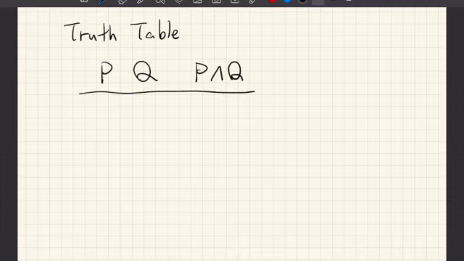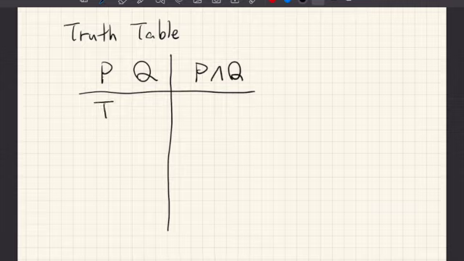In the case of conjunction, we write the truth table like this. When P is true and Q is true, P and Q is true.